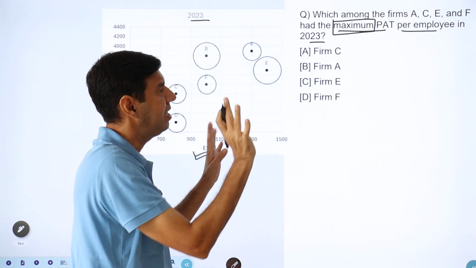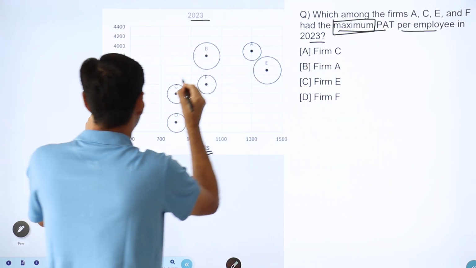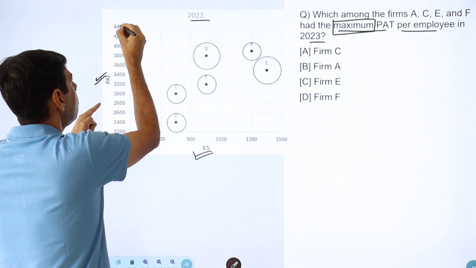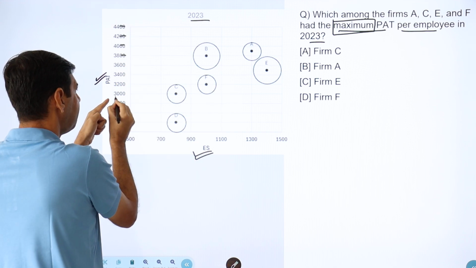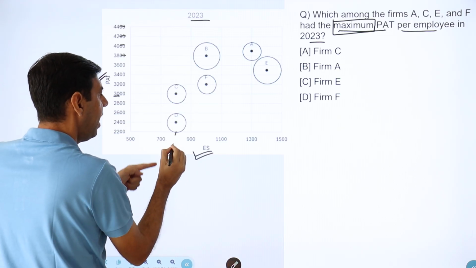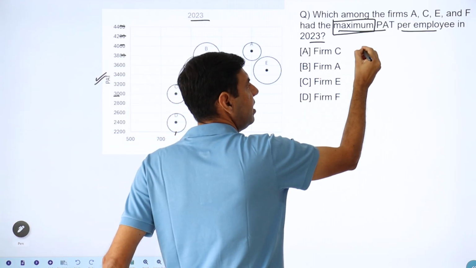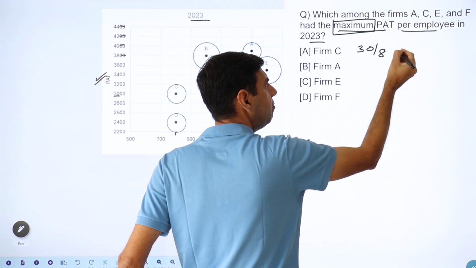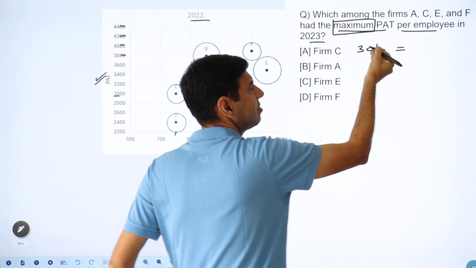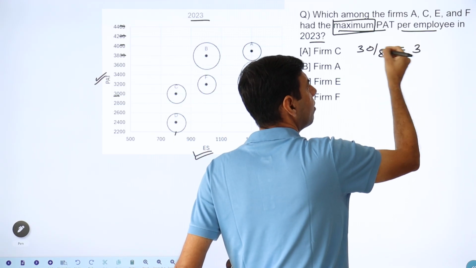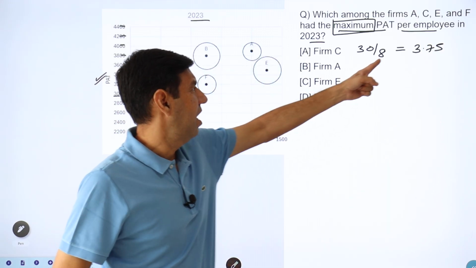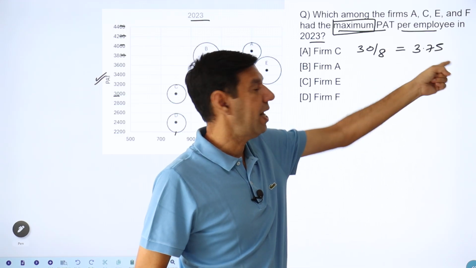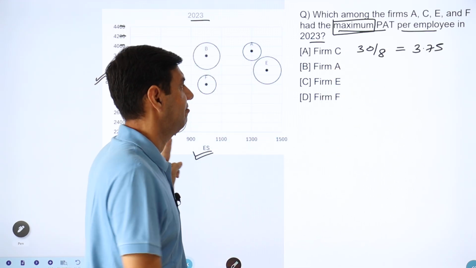So look, with the minimum amount of scribbling. For C, you can ignore all the 2 zeros because that will be present in all of them. So for C it is 30 by 8, which you should directly know, students. 8 3s are 24, 6 by 8 is 3.75. This is very easy, so I did it, or else I would have left it in the fraction.